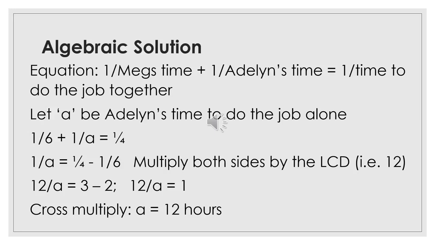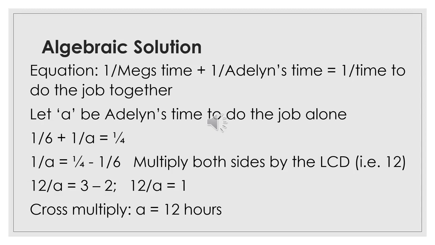Now simplifying, 12 divided by 4 is 3, and 12 over 6 is 2. Hence we have 12 over A is equal to 3 minus 2. And simplifying further, 12 over A is equal to 1.